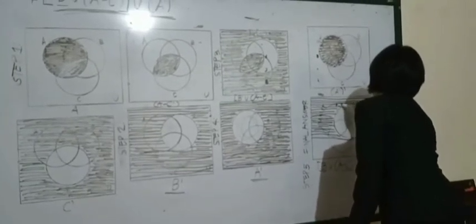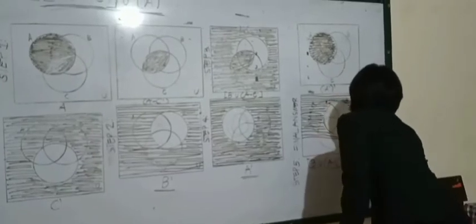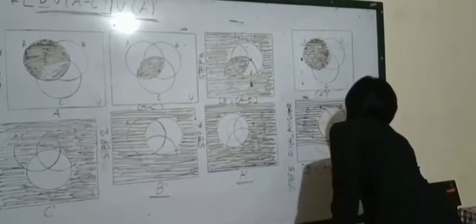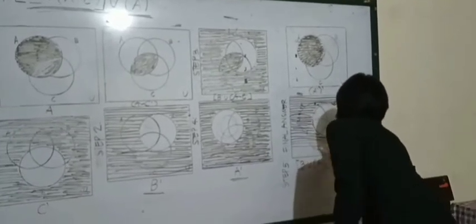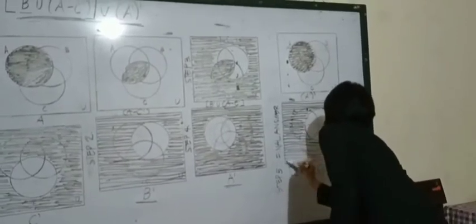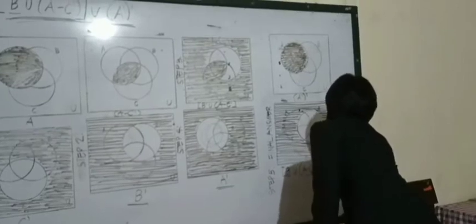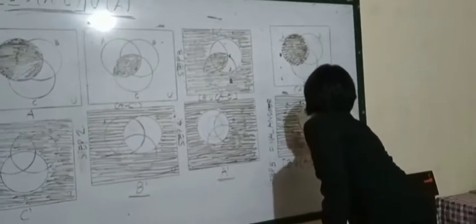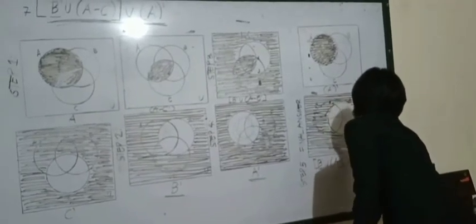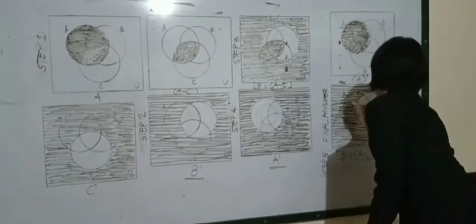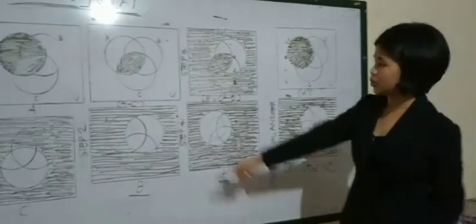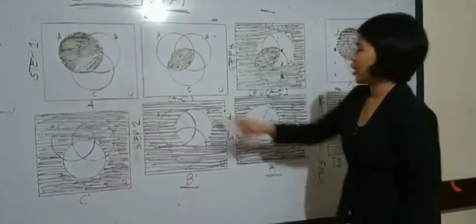We are not going to shade B sets. So, this is the B prime. Next, let's take a look at A minus C prime.